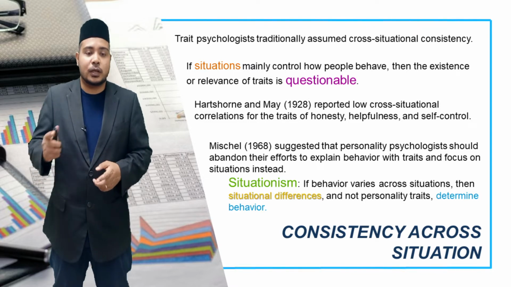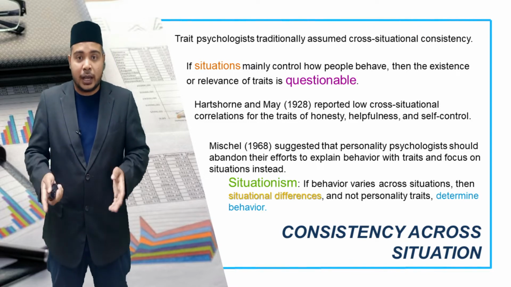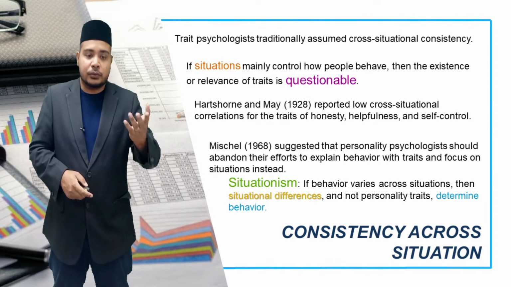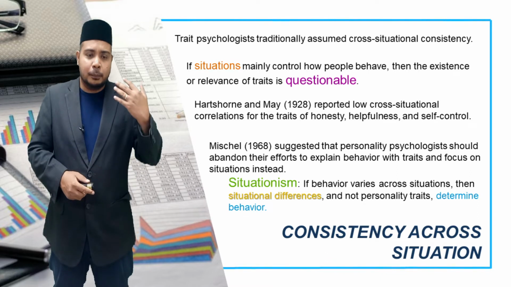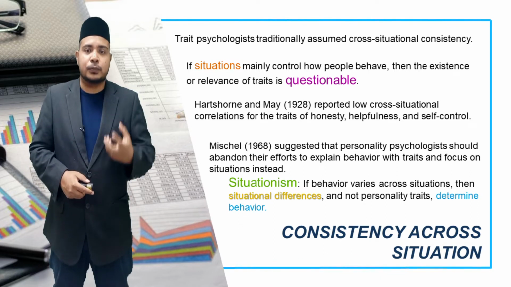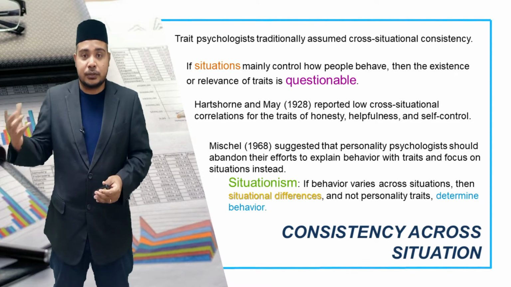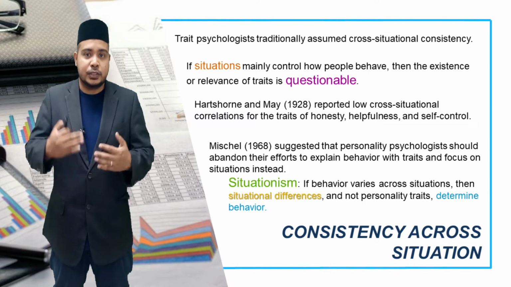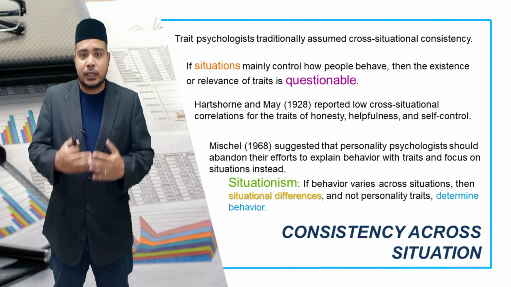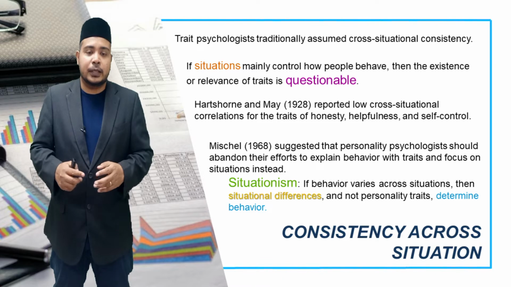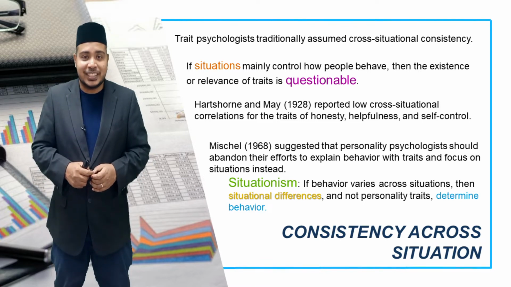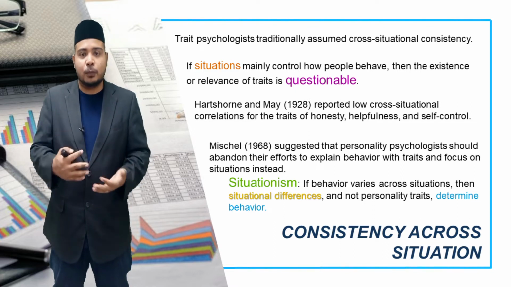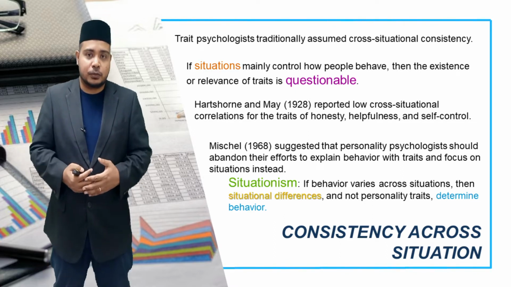Instead, they should focus more on situation. Why? Because according to the studies conducted and the books written by Mischel, personality trait is not as powerful a predictor of behavior as situation. People who believe that situation is more important in influencing individual behavior are considered situationists, a school of thought which believes that situation is a more powerful predictor than personality traits.